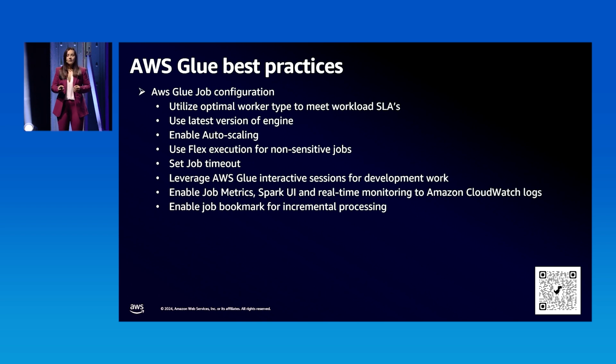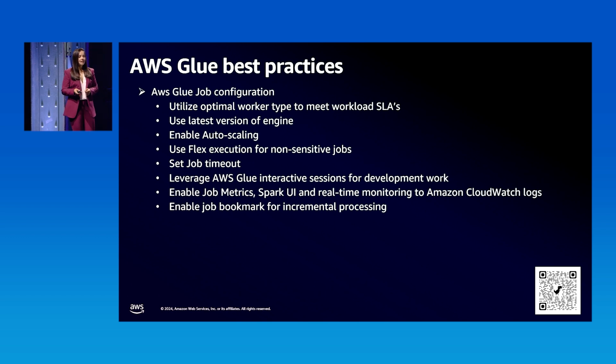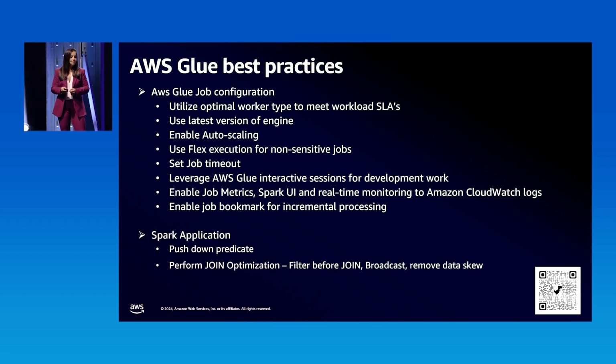For your workloads, you might need less. For incremental processing, enable job bookmarking, which also supports checkpoints. And for Spark applications, you can use push-down predicates. And remember about optimizing your joins, so reducing your data before running joins to reduce I/O.